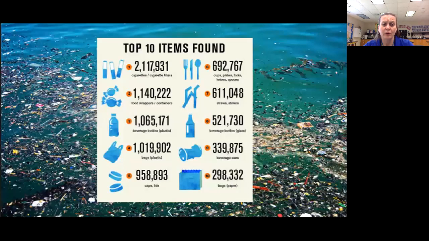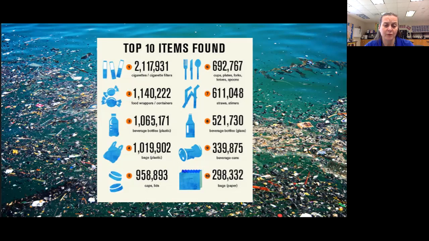And when you look at what's found, number one, cigarettes. Number two is food wrappers and containers. Number three is bottles, water bottles, Gatorade bottles, any kind of beverage bottles, but plastic bottles. And then followed closely by plastic bags. So you'll notice that the vast majority here, the top four, actually the top five, are all plastics.